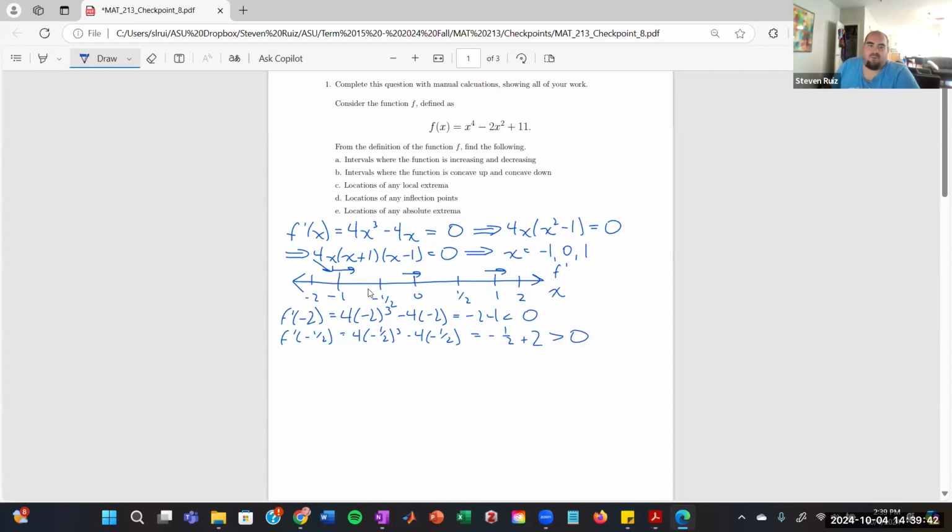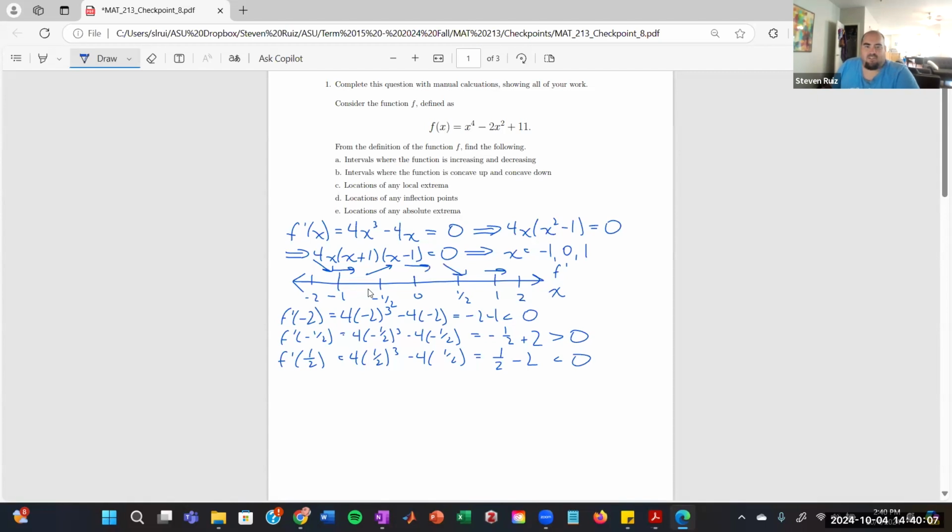That's going to be a positive number, so I have an increase there. What about f prime of 1/2? That's equal to 4 times 1/2 cubed minus 4 times 1/2. This will be exactly the opposite: 1/2 minus 2. That's a negative number, so I have a decrease.